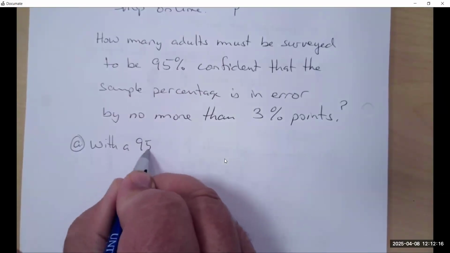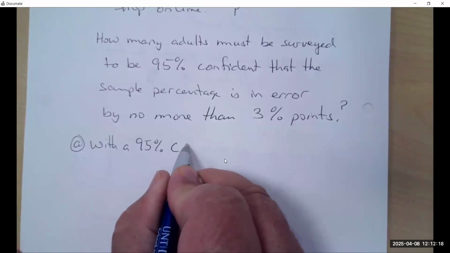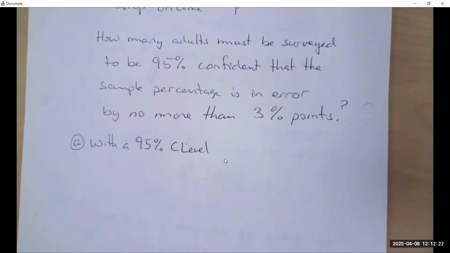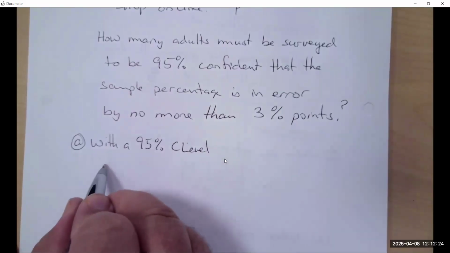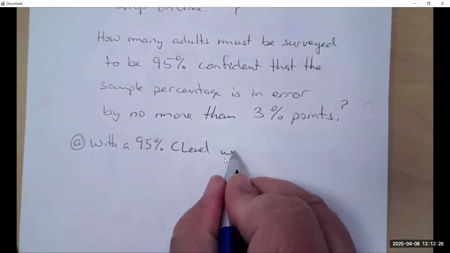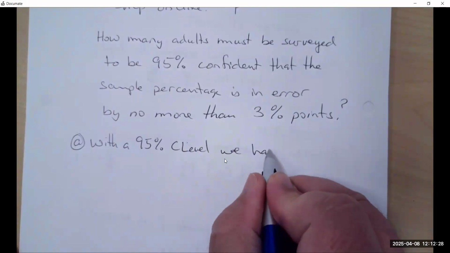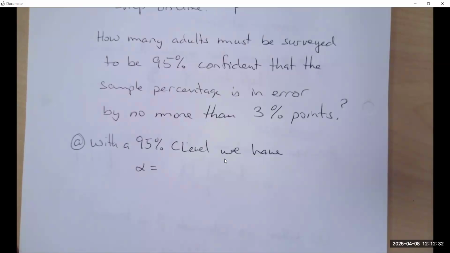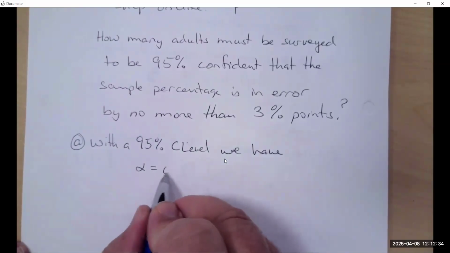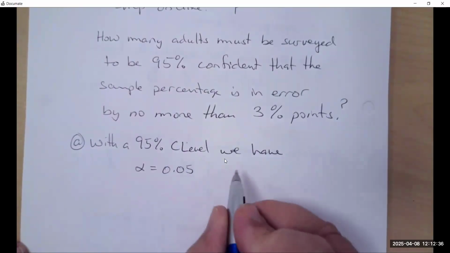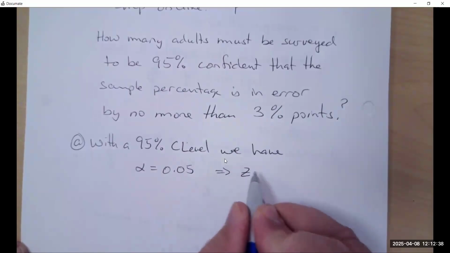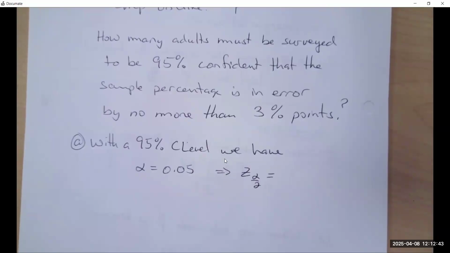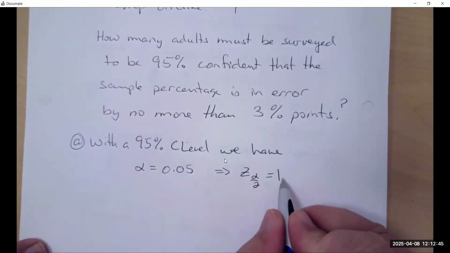With a 95% confidence level, alpha is what? 0.05. That makes our Z value, which we did earlier, 1.96.